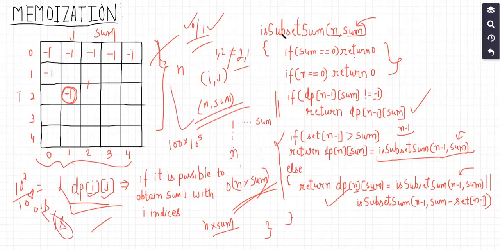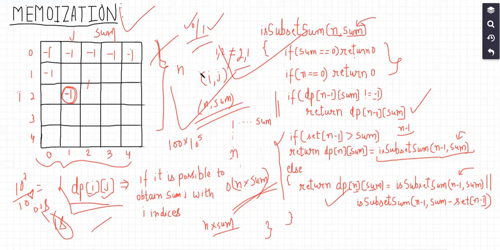Hence this solution will work fine for the given constraints. So after memoization, our code is ready to be executed and we can submit it on the online platform. Okay, so this was memoization, but we know that in dynamic programming we have two approaches to solving a problem.